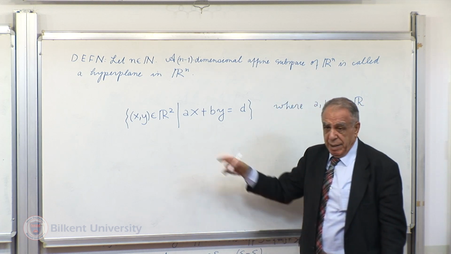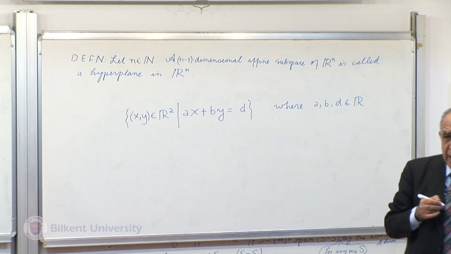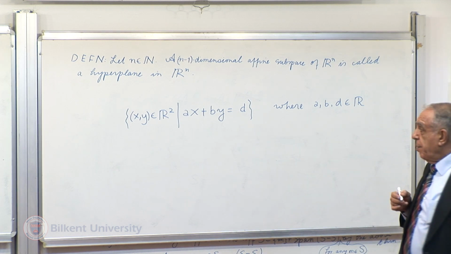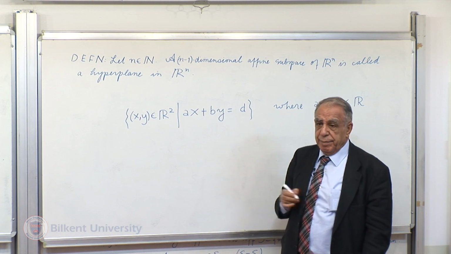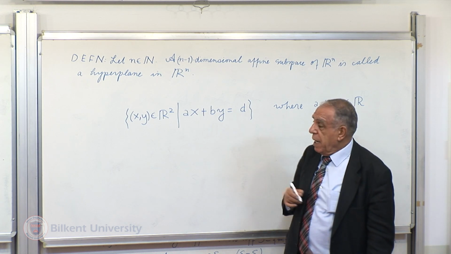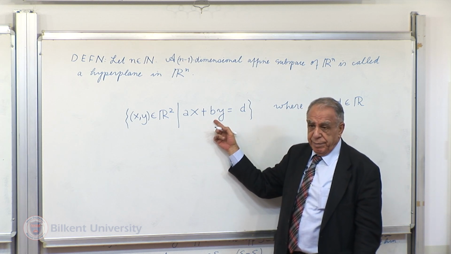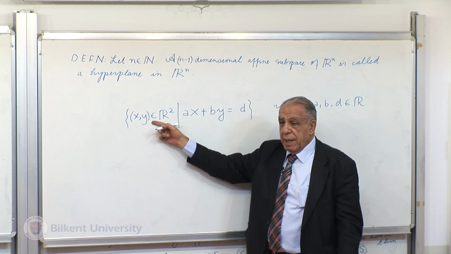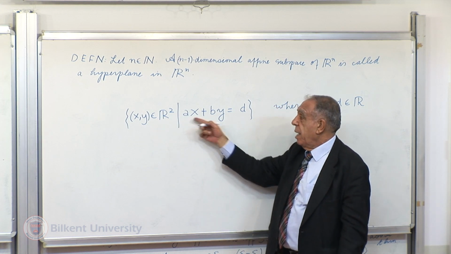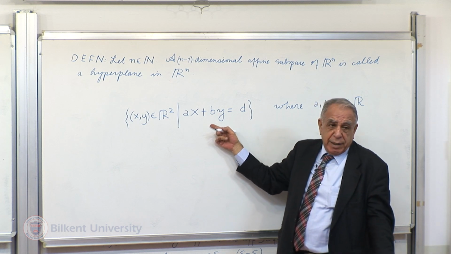Now, will this set of points represent a line in R2 no matter what a, b are? Is that the case? Now, if a and b are both 0, well, no matter what x, y in R2 you take, this will be 0. So there will be two possibilities.